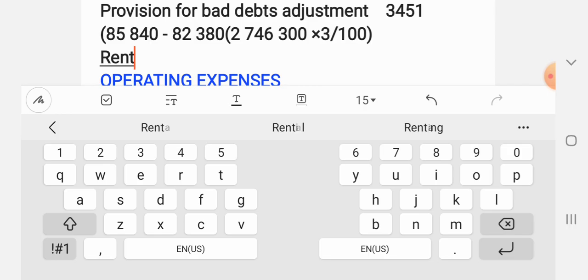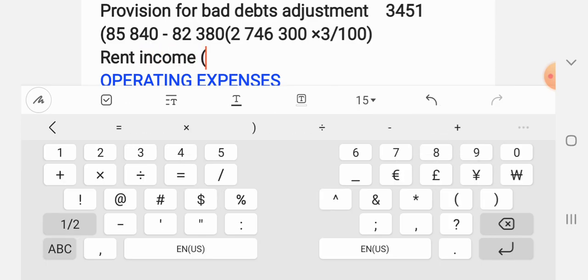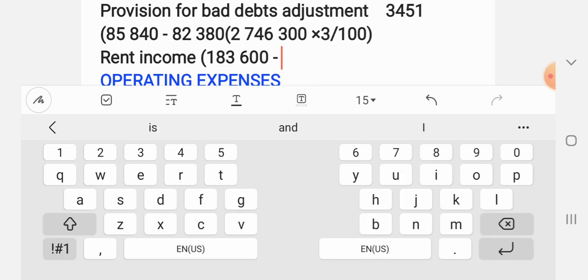rent income in the bracket. We will have 183,600, and that will subtract the 24,300.